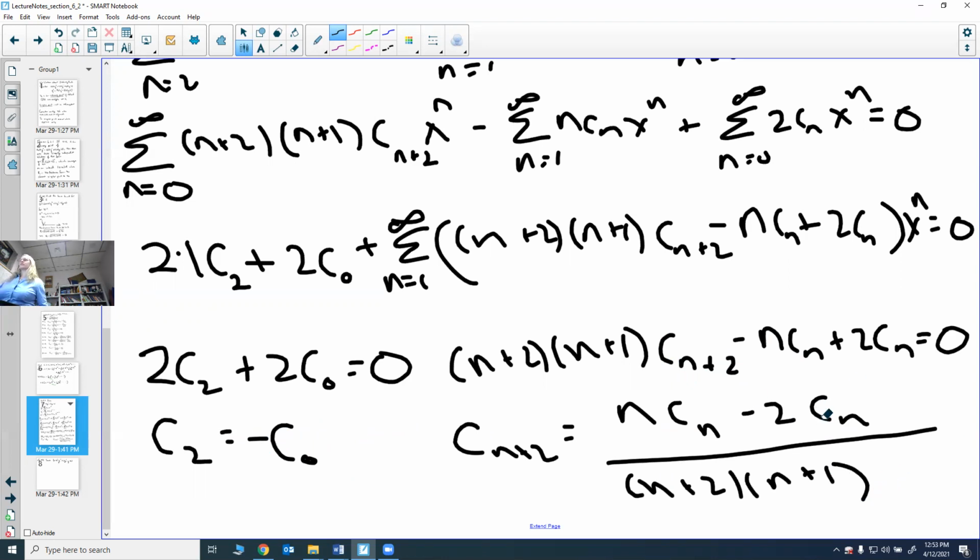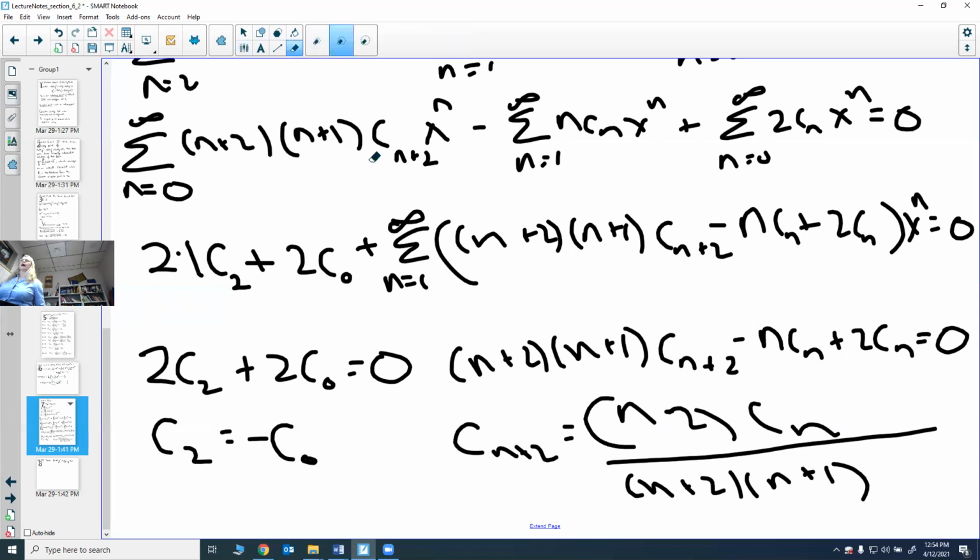I could actually notice that I could pull the c sub n out. So this is actually n minus 2 times c sub n. If you want to do that, that's probably not a bad idea. It makes life a little bit easier for looking for patterns and not doing so much. So we're going to go ahead and factor out that c sub n. So we have n minus 2 times c sub n over n plus 2 times n plus 1.